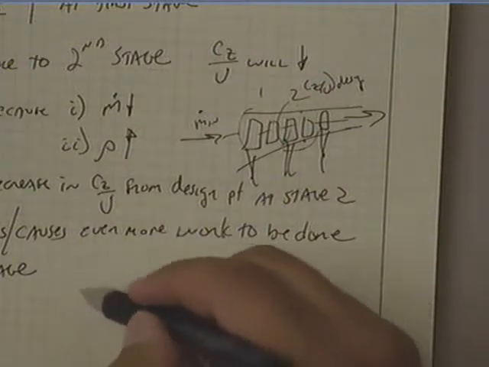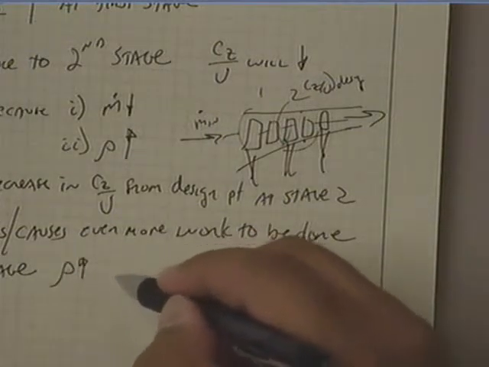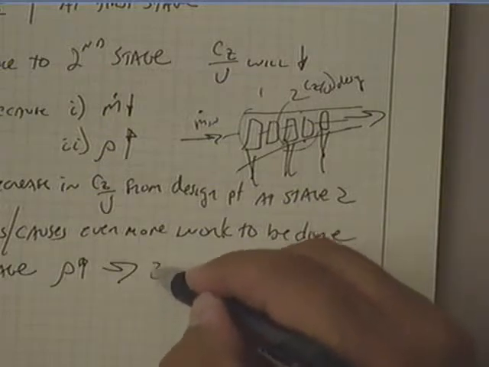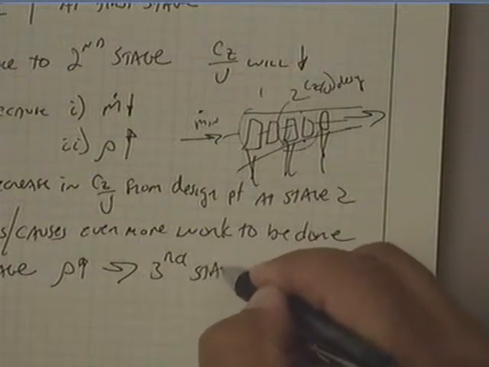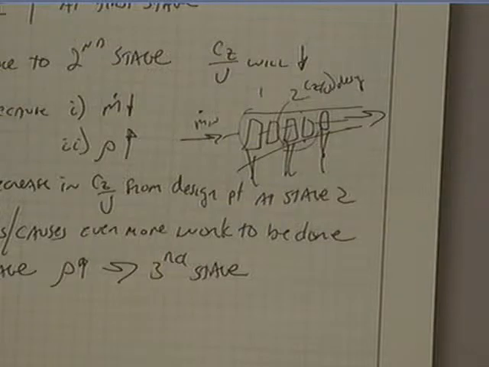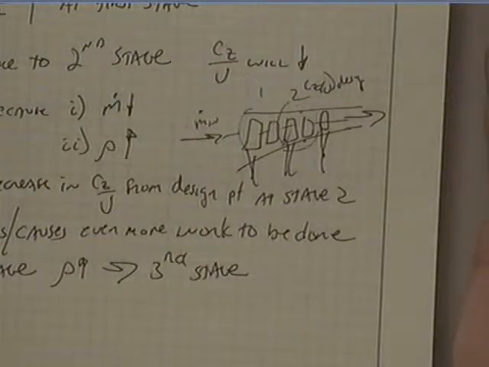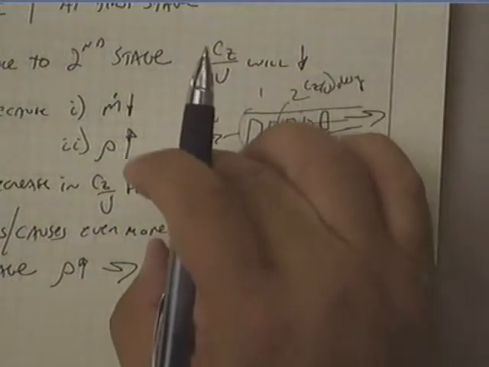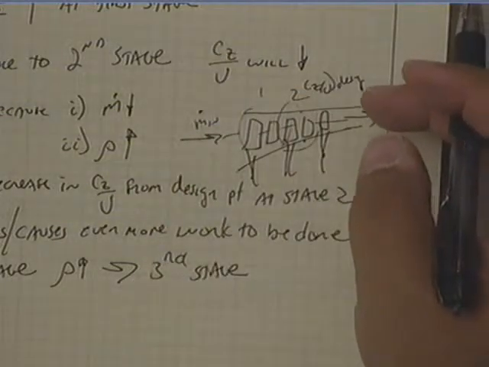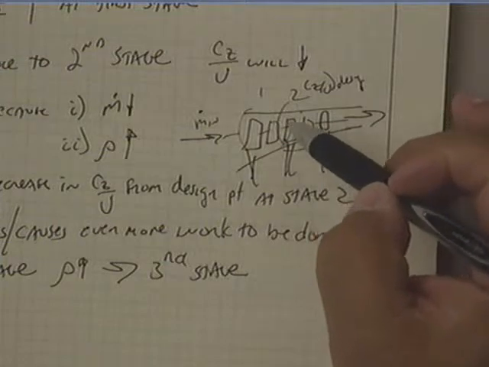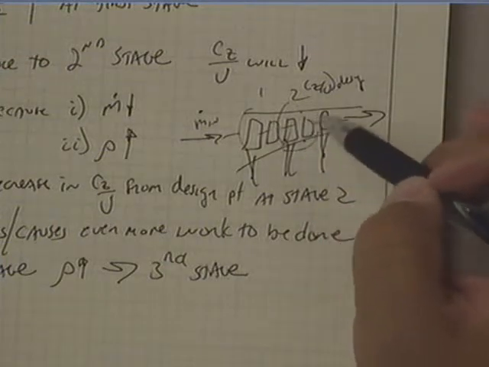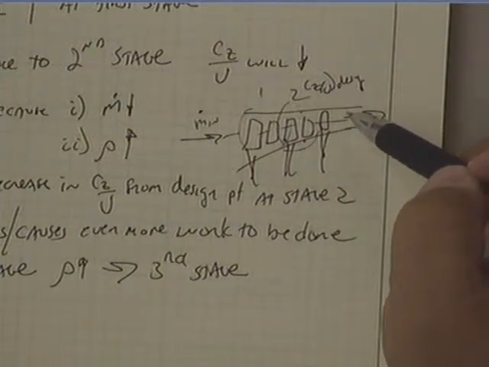Right? So that means the same rho will increase, and this goes into the third stage, and so on. So this builds. If I had 10 stages of compressor, just a slight decrease in mass flow in the inlet is going to cause more work to be done by each successive stage, right?